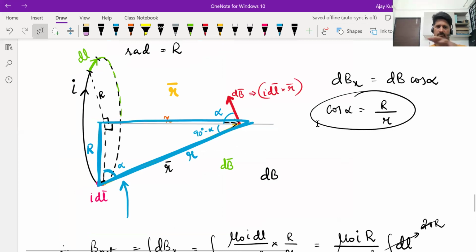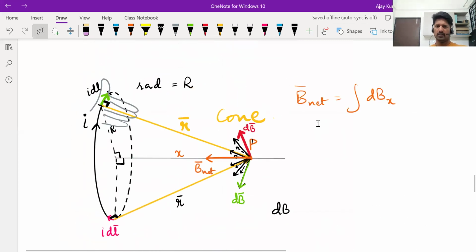Now you can visualize how we considered the current in this loop. Out of the screen, current was flowing upwards. Behind the screen, it was flowing downwards, as seen by you. Now, on this side of the loop, we find that the field will be directed towards the center of the loop, that is to the left. If you take a point on the other side of the loop, somewhere here, can one of you tell me what is the expected direction of magnetic field at that point?